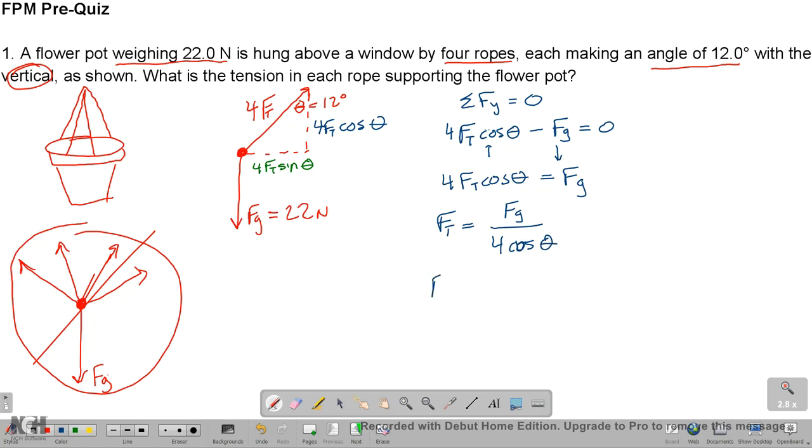Okay, now we'll just plug those values in. 22 newtons divided by 4 times cosine of 12. You should get a tension force equal to 5.62 newtons.